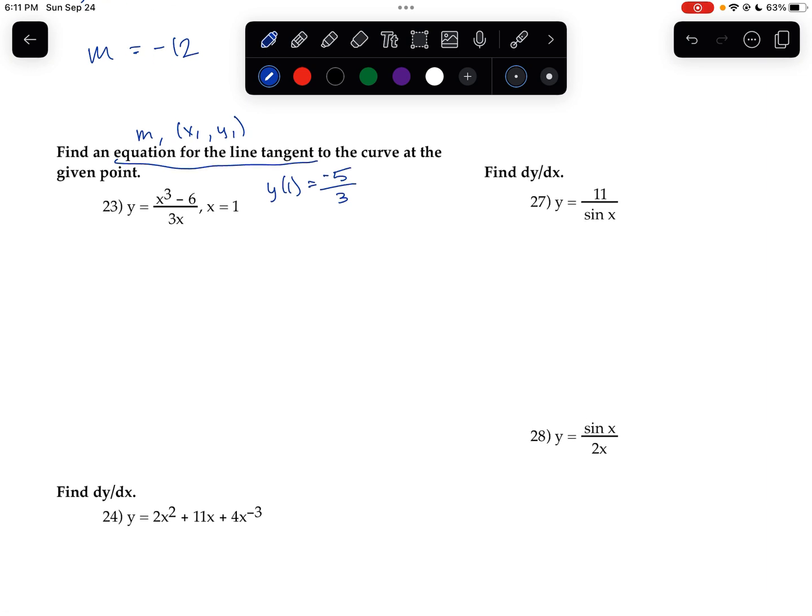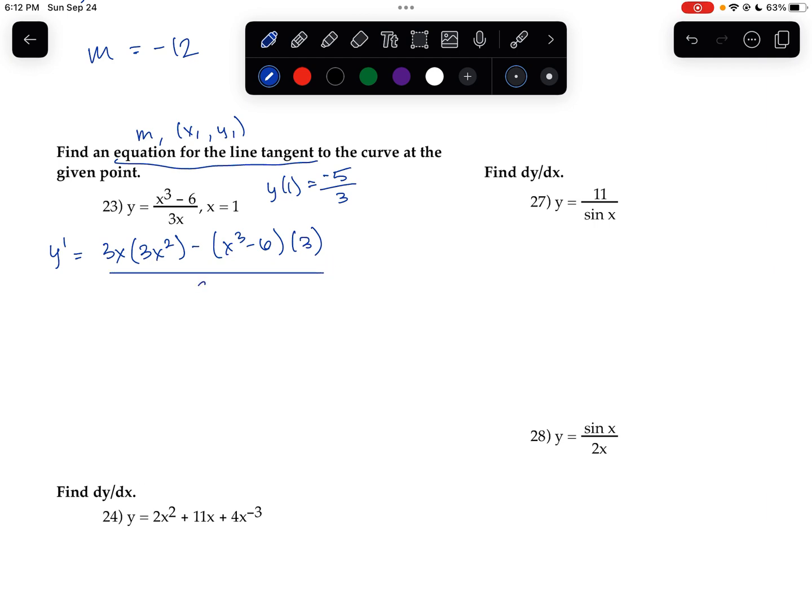Now we need to find m. To find m, we're going to need the derivative, so y prime, and we're going to use the quotient rule. So low d high, that would be 3x squared, minus high d low, and square the bottom.